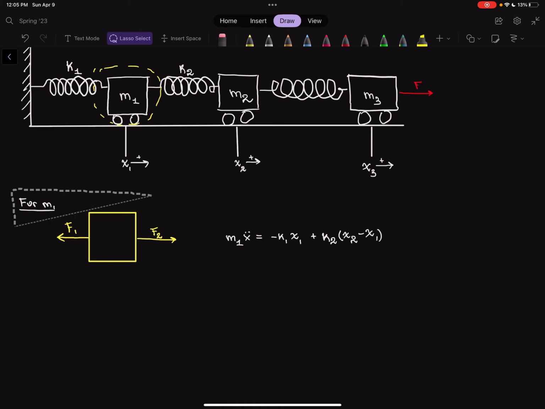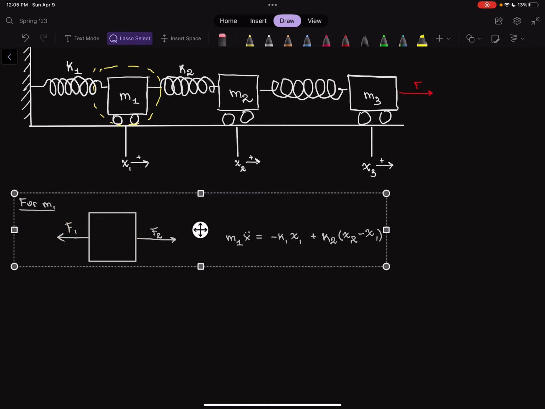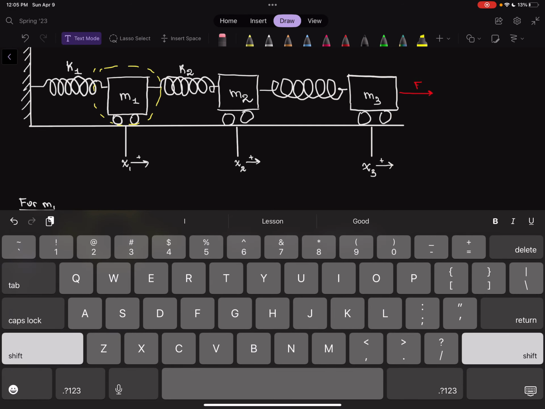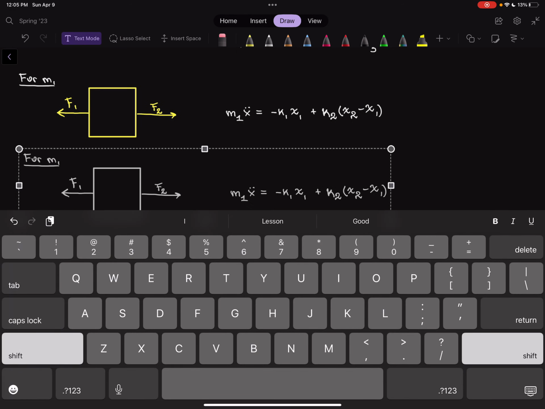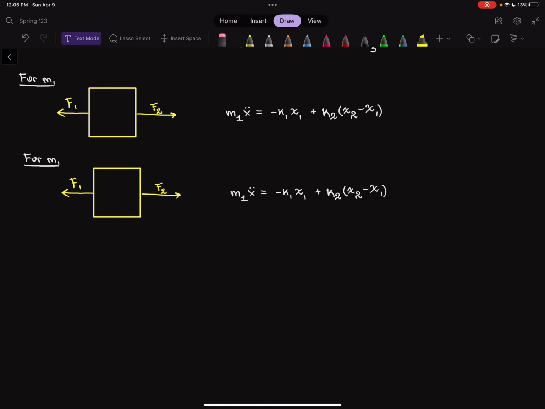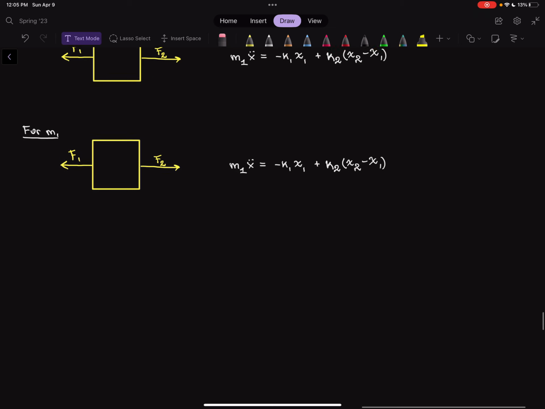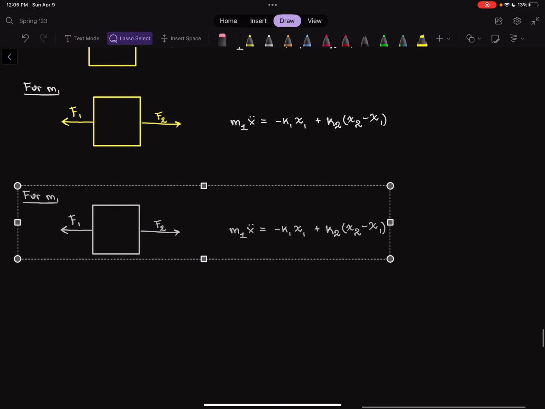Then I can copy this. So let's copy it, and I'll paste it down below, and paste it again so that we have it over here.